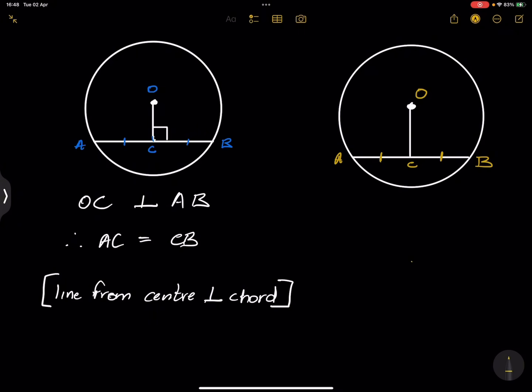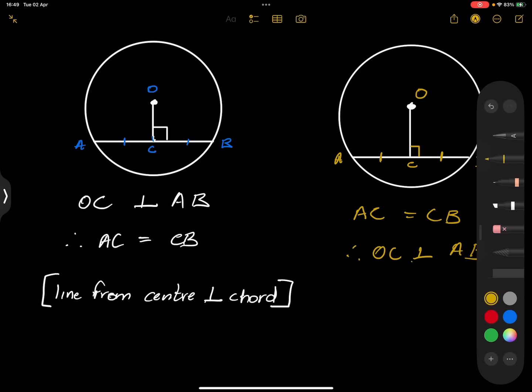So we can say a line that is drawn from the center that bisects a chord is perpendicular to that chord. What are we given? We're given that AC is equal to CB, meaning that chord AB is bisected, so we can conclude that OC is perpendicular to AB.